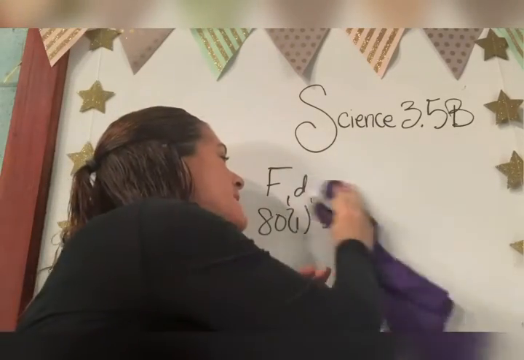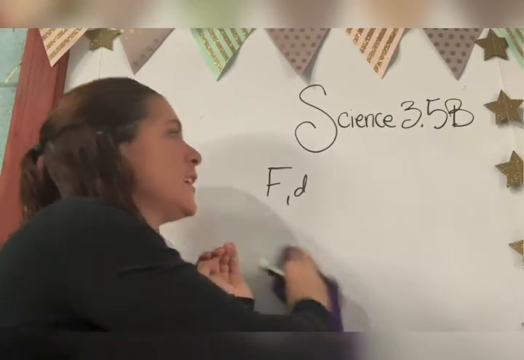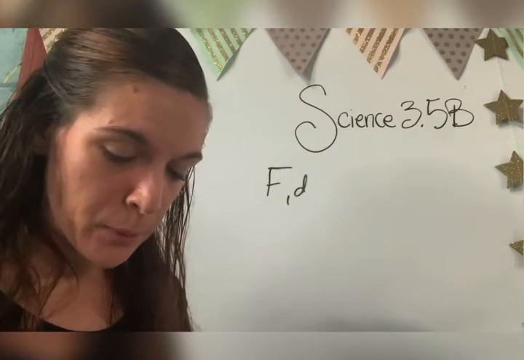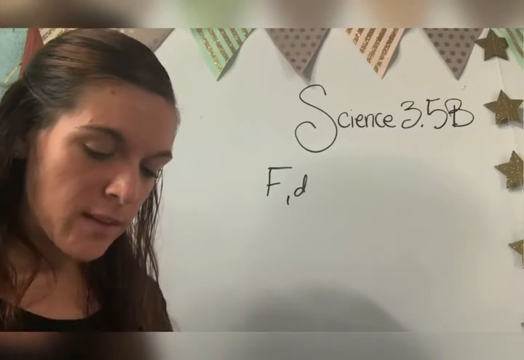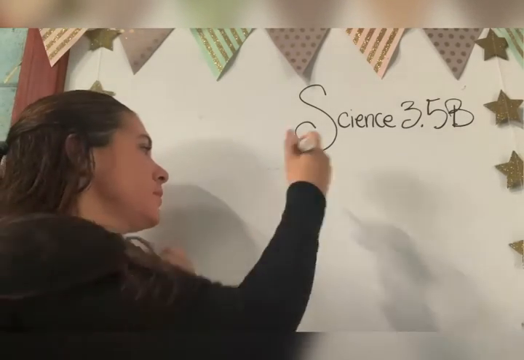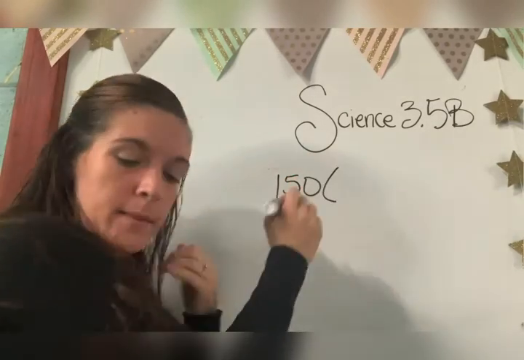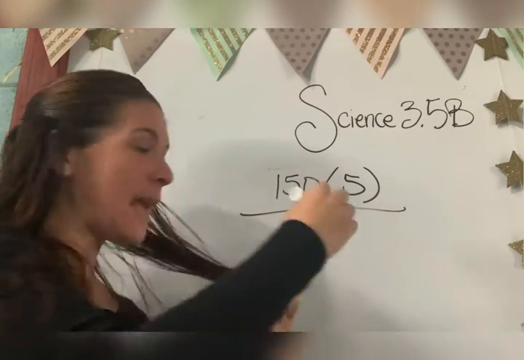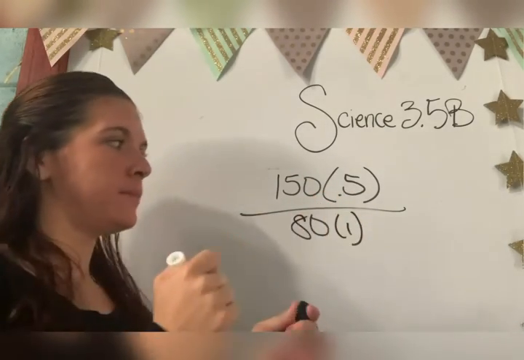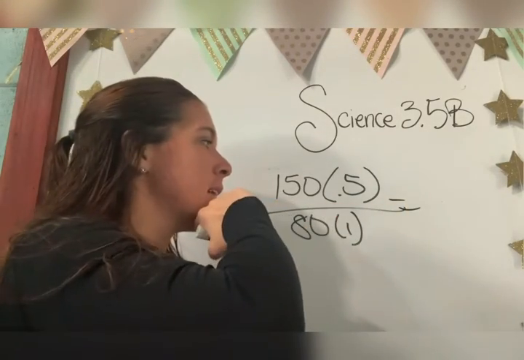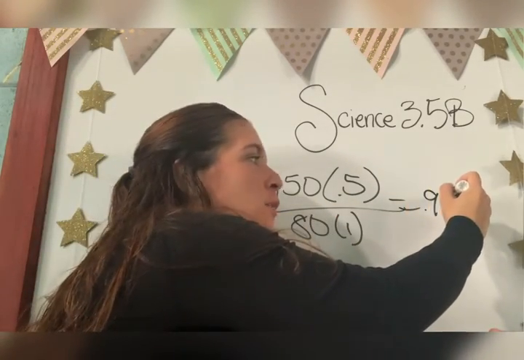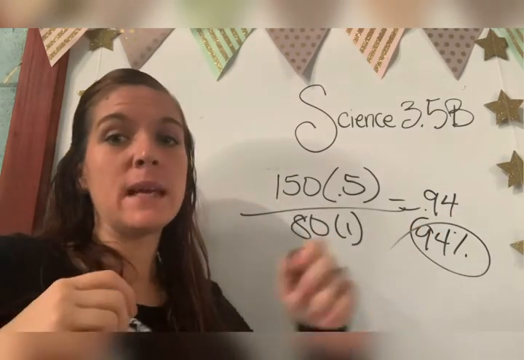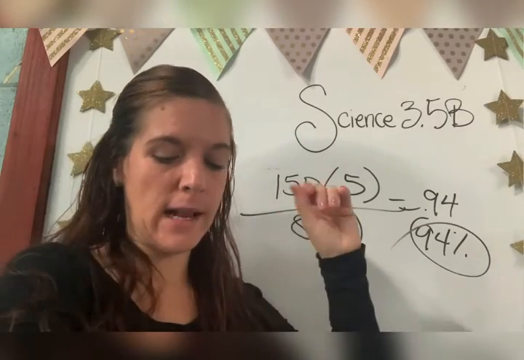Okay, it's force times distance that is your work, okay? So you have your work output over your work input. Your work output is going to be 150 times 0.5, force times distance. Your work input is going to be 80 times 1. When you do this, you're going to get 0.937, whatever, so you get 0.94, and remember, efficiency is going to be in percentages, so it's going to be 94%.